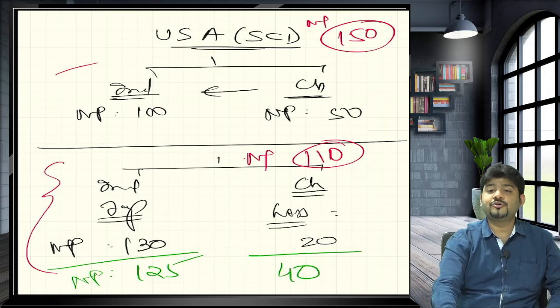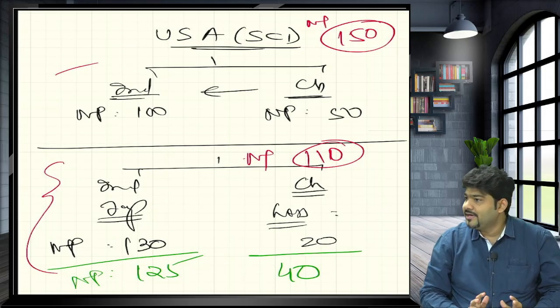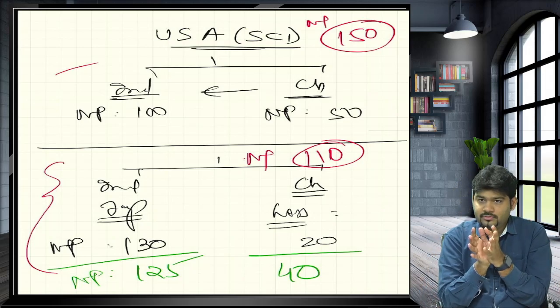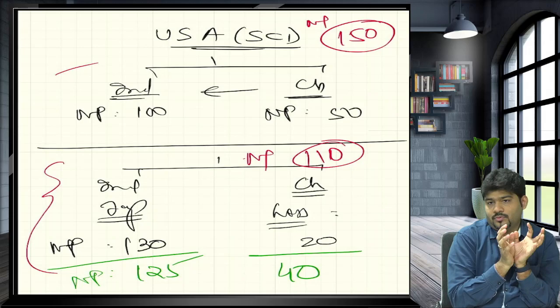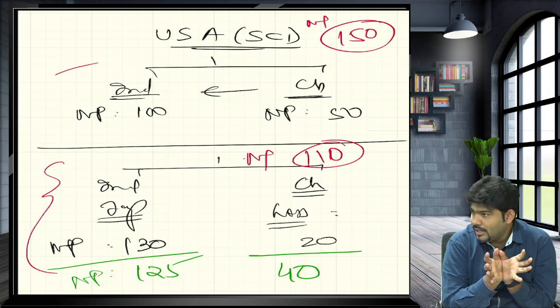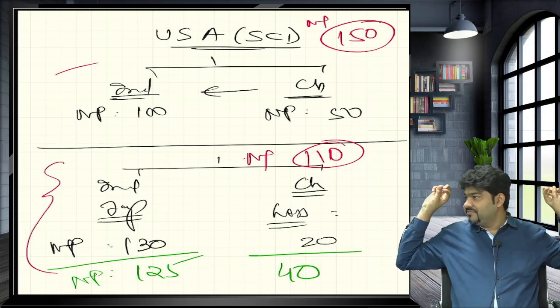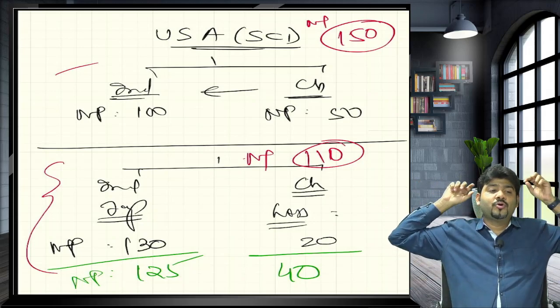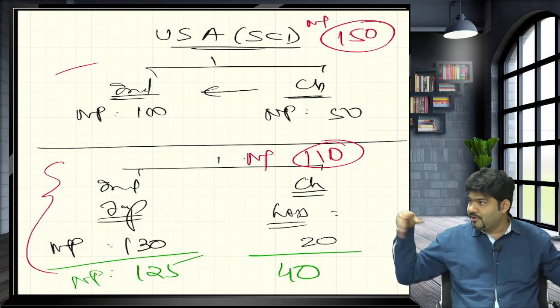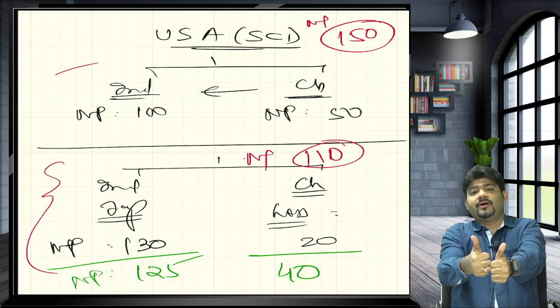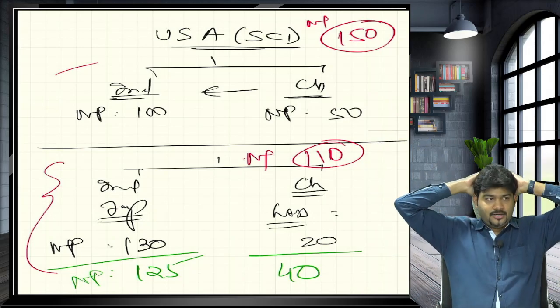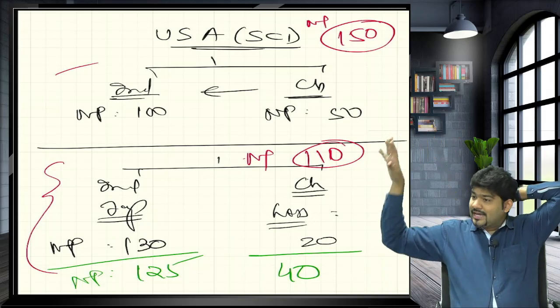Now which one will you choose? Old or new? Are we understanding? So now we will calculate what was our scenario, and if we are changing, what is going to be the scenario. If the change results in an overall profit for USSCI, we will say go ahead, otherwise we will say no need. Are we clear? Are we clear with what I have done here?